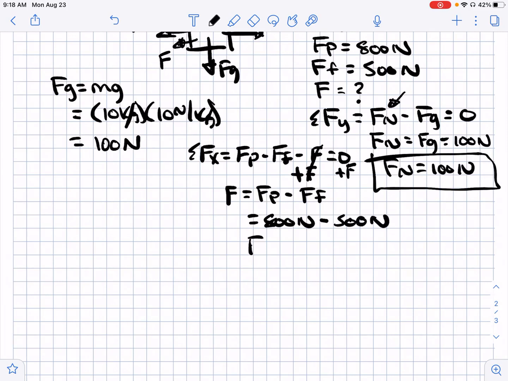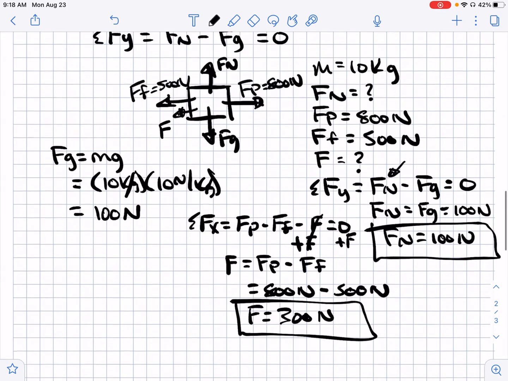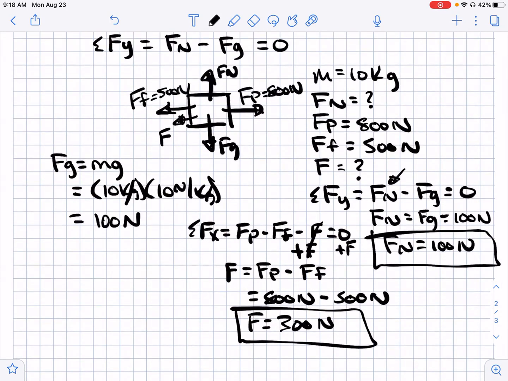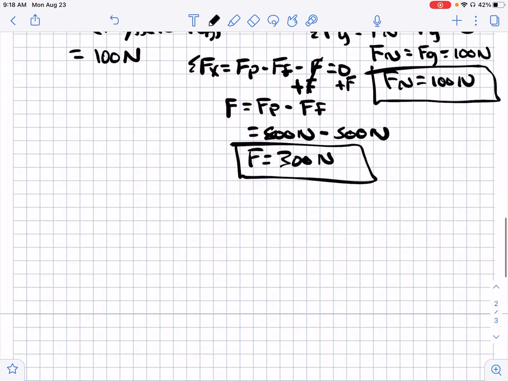So this unknown force then is equal to 300 newtons. And you can check yourself to make sure you solved it right, because this is a constant velocity, so the forces have to be balanced. And if I add 300 here, 300 newtons, that's 800 to the left and 800 to the right, so we know we're good.